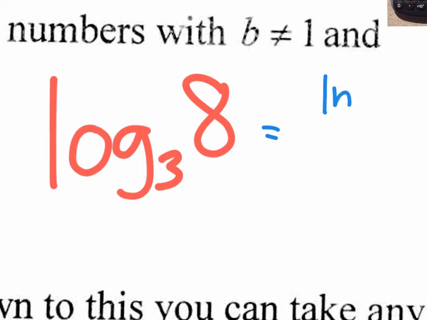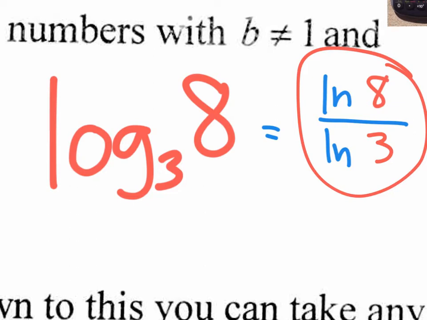You could do ln up on top and ln on the bottom. And then the bigger number that's a little bit higher up goes up on top. And the base, which is further down, the 3, is going to go on the bottom, but not as a base anymore, as a regular term. And that's called the change of base formula.